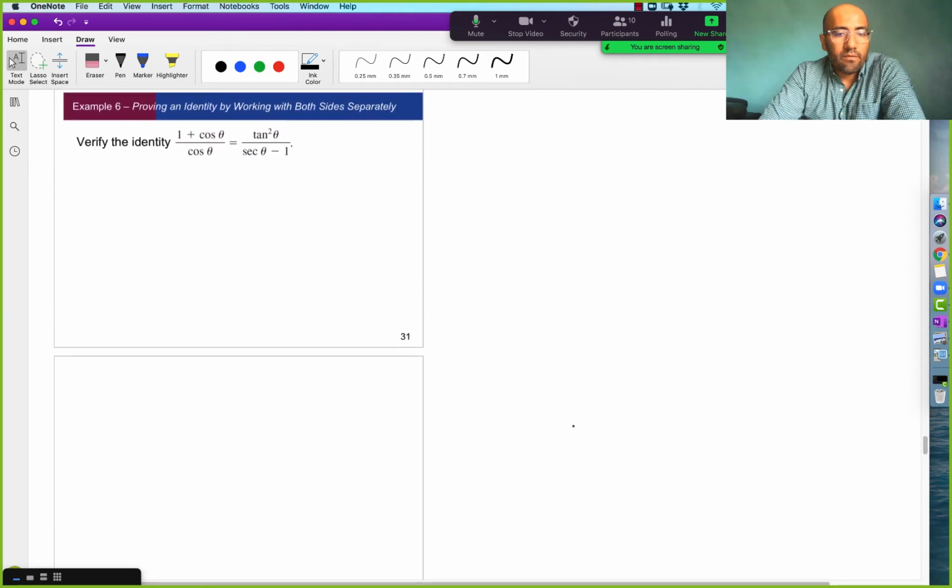Okay, one more example. Here we definitely have a case where the left-hand side is complicated, the right-hand side is complicated. Let's do some side work to both sides. We'll work on both sides at the same time, and then we'll use that as our guide to create our formal proof. Okay, so this is going to be (1 plus cosine theta) over cosine theta, right?